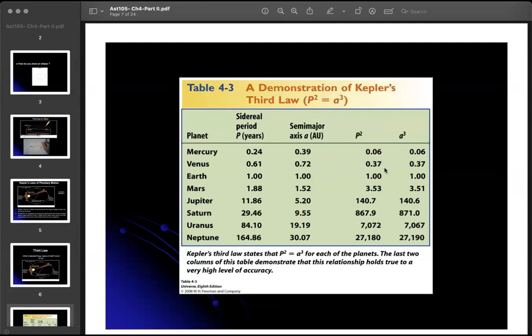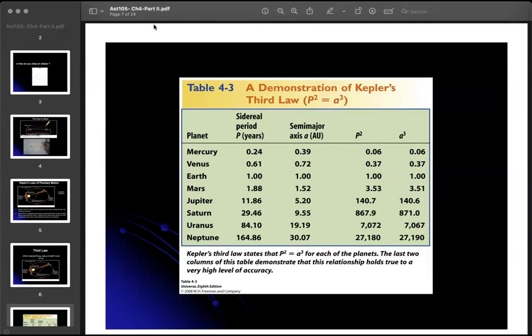So there's a relationship with the semi-major axis. Semi-major axis is a measure of how big the orbit is. Remember that the major axis was the distance along the long dimension of the ellipse, and half of it is the semi-major axis.